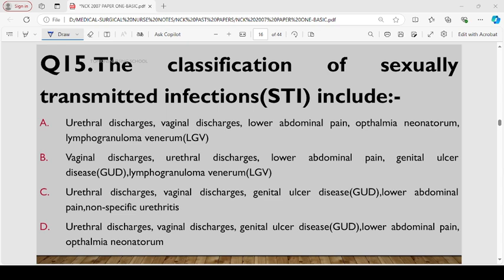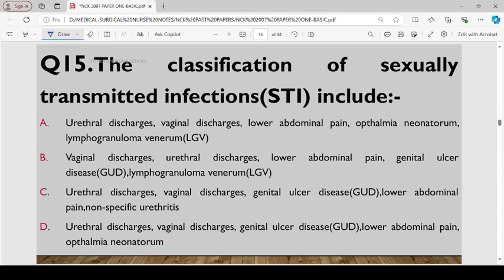What about the next one? Urethral discharges. We have vaginal discharges, genital ulcer disease. We also have low abdominal pain and non-specific urethritis. That's option C. This one is correct, as non-specific urethritis is an important classification, right? All right.